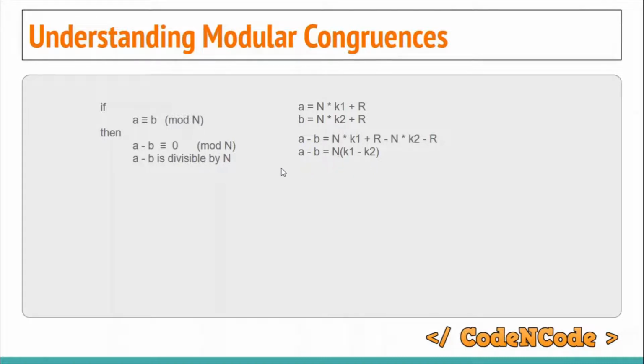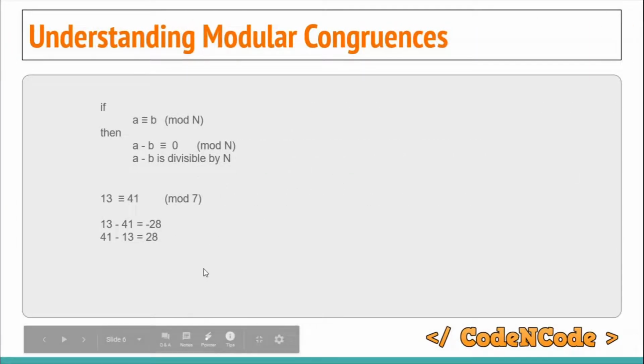If I take n to the left side of the equation, then a minus b divided by n is equal to k1 minus k2. Since the right hand side is an integer, n completely and evenly divides a minus b. That is the proof. So if two integers are congruent to each other under some modulo n, then their difference would be divisible by that number.